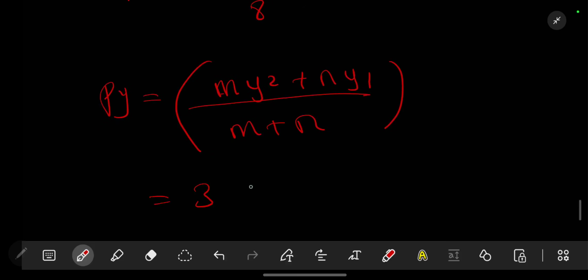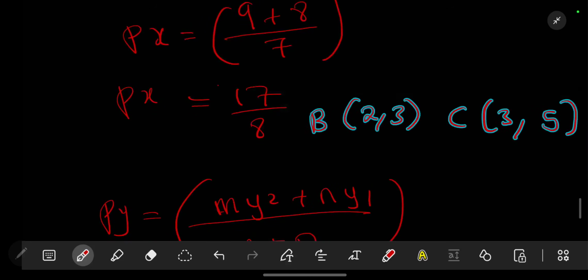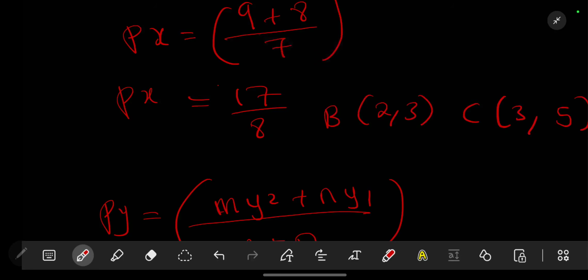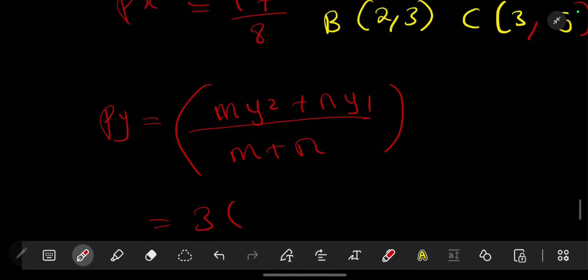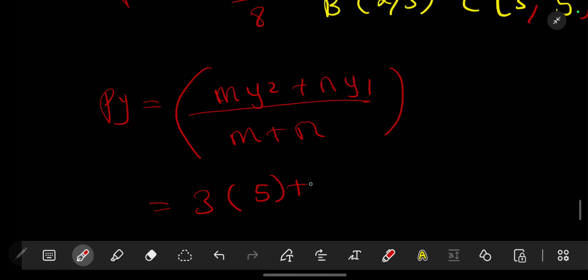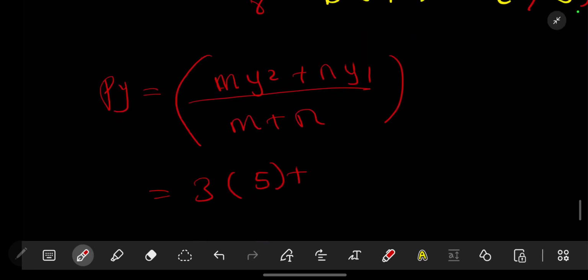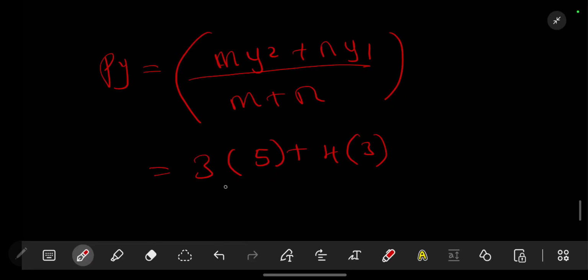So the first division is 3, our y2 is 5, so we have 3 times 5, plus our n, the second division is 4, y1 is 3, over our 3 plus our 4, like that.